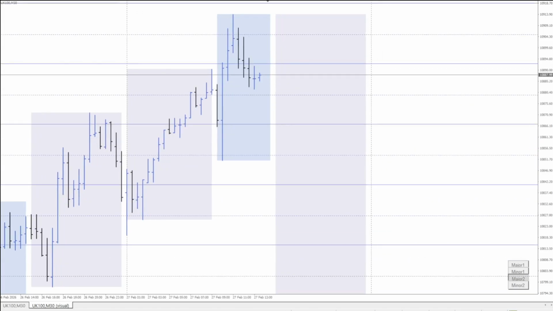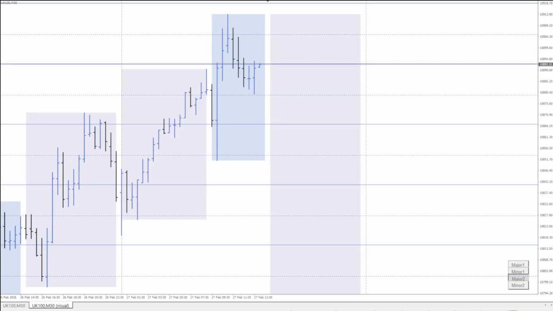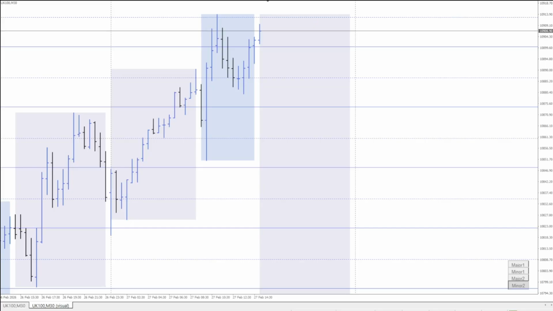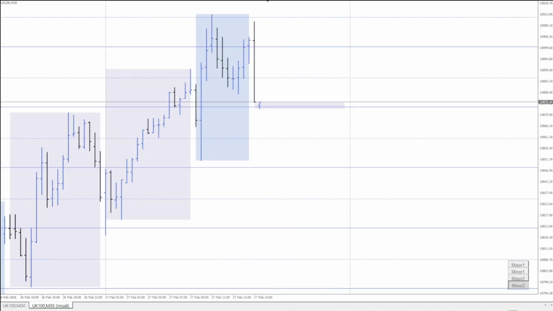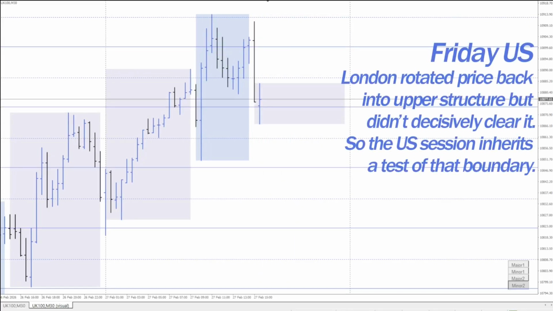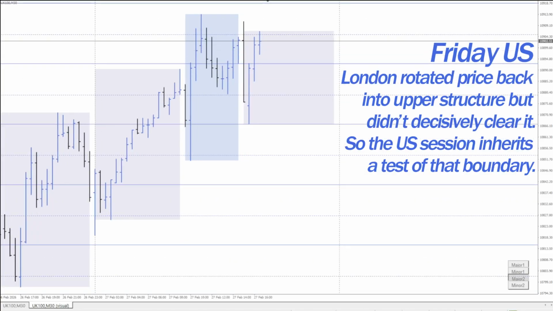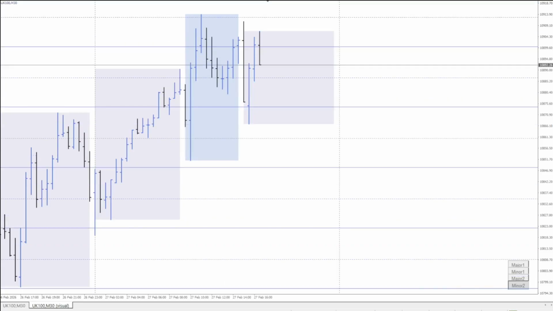Price drifts lower, compressing between major 2 boundaries and back up towards the upper structure. The upper boundary tests again and pushes lower, rotates back up off the -2 solid to the structure above, but rotates back down to the opposing structure of major 2 dotted.